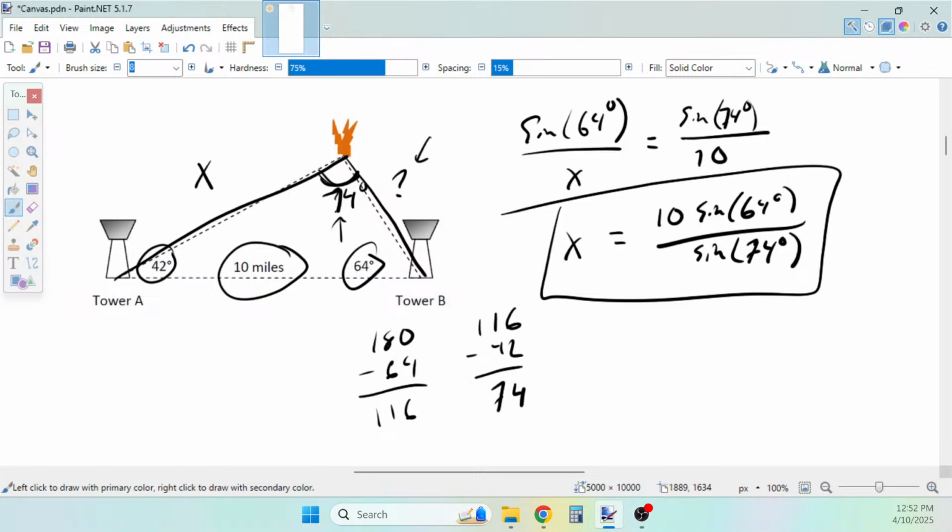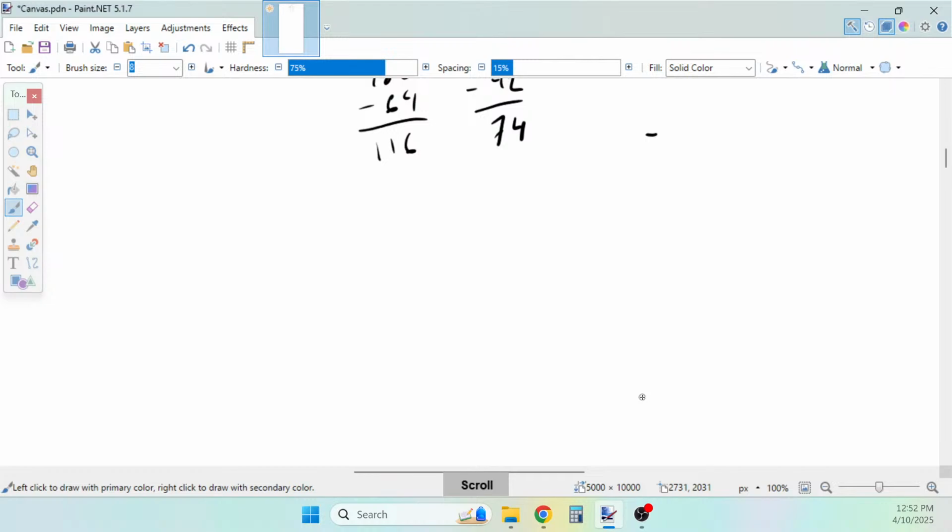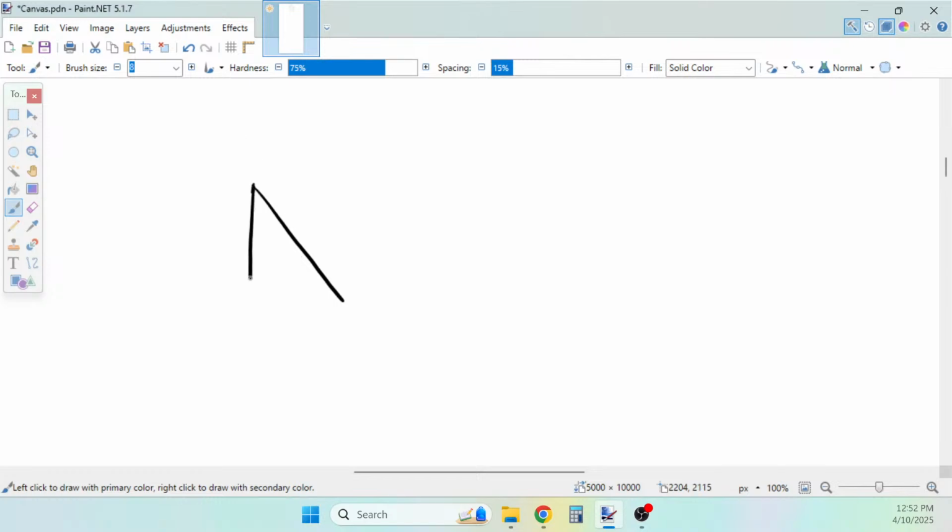Next one. Next question. We have a ladder and a window.